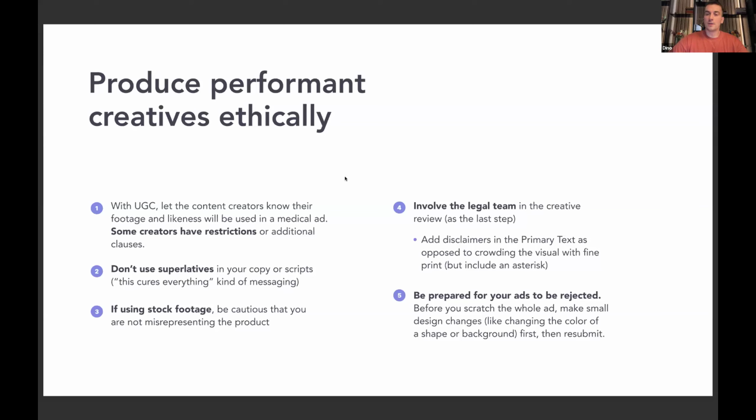If it doesn't, just try to make a very small change. The color of something, just change the text in the headline or the primary text just a bit and try again. That should do a trick. If that doesn't do a trick and you know that you are compliant with whatever the requirements from Meta or whatever platform you are advertising on are, just reach out to the support, make sure to mention you are white labeled, and they should manually approve it.